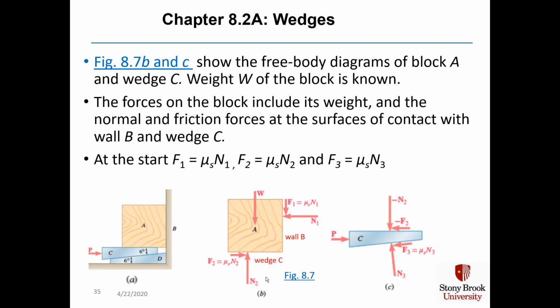The weight W of this block, of course, needs to be known. The more the block weighs, the more you're going to have to push with force P to get block A to go up. The forces on block A include its weight going down and the normal and friction forces at the surface of contact with wall B and C. When we first start pushing on the wedge, force F1, which is the downward friction force of the wall on block A, is equal to mu sub s times N1, where N1 is the normal force pushing off the wall to the left on the block.